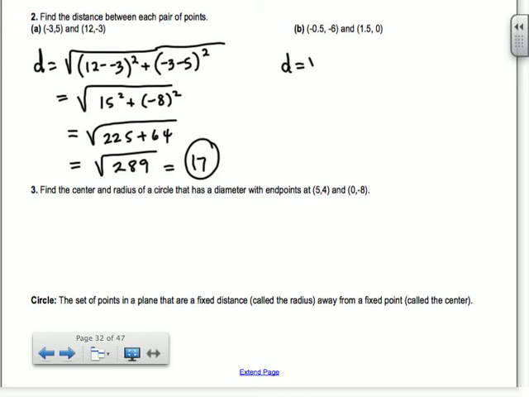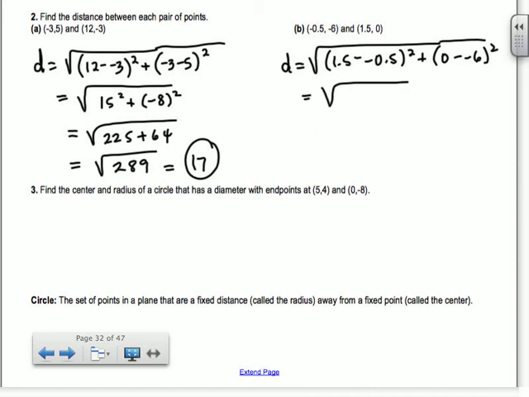All right, so the next one, change in x's. So 1.5 minus -0.5, squared, plus change in y, so 0 minus -6, squared. So you get 2 squared, because that becomes plus, and then 6 squared. So you get 4 plus 36 under the square root.